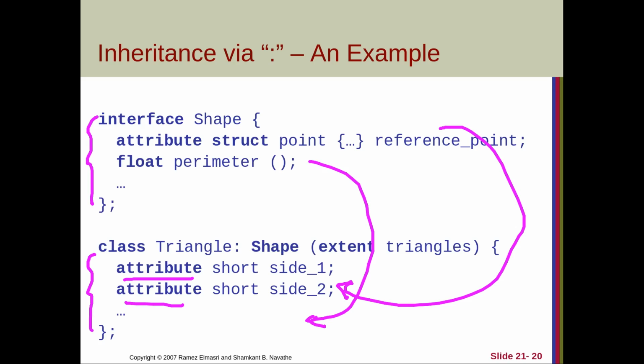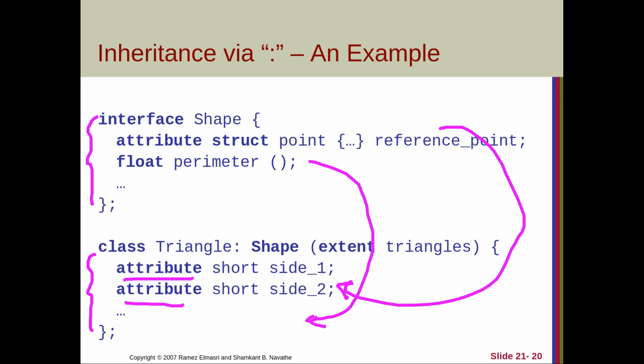Then while creating an interface, we use the interface name, then different attributes and operations. Then for inheriting that interface, we use a colon symbol that is different from extends. So extends is for class to class, then colon for interface to class, how we can bring an interface into a particular class. So that is the ODL basic information.